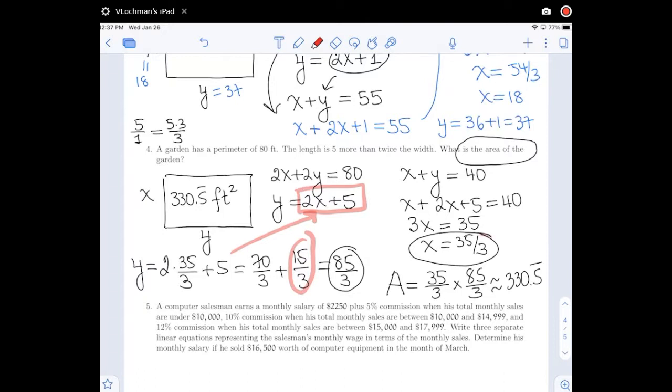We found x right here, and then 5 is separate. Then I multiply 2 times 35, and that's where that 70 comes from. But I'm also seeing I have a fraction there, so I want to rewrite 5 as a fraction with the 3 in the denominator. Does that make sense? Okay, good. Thank you.